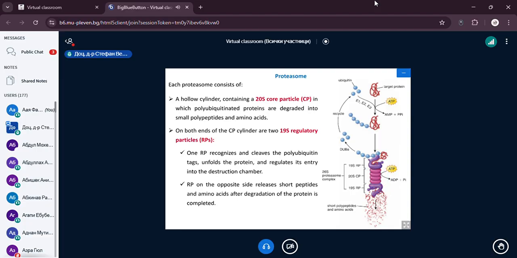The proteasome is capable of degrading only proteins which are marked for degradation. So a protein cannot be degraded by the proteasome unless it is marked so that the proteasome can recognize it as a protein due for degradation.